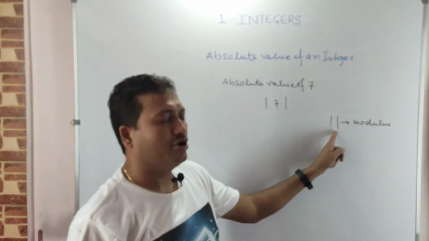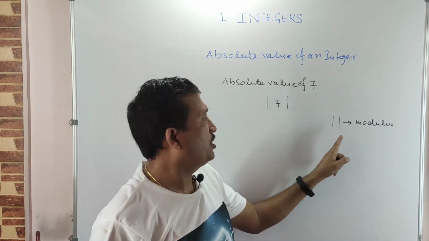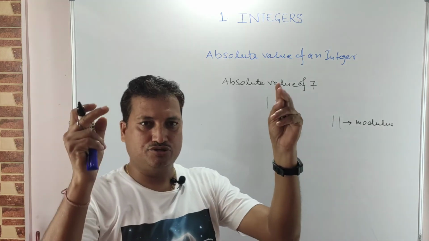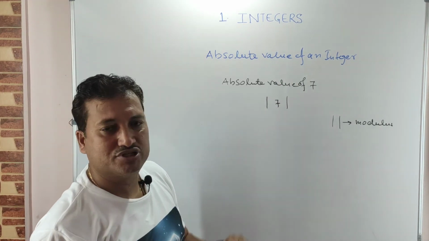It is the symbol of absolute value. So how to write the absolute value of 7? You just write two vertical lines, and between them you write the number 7.